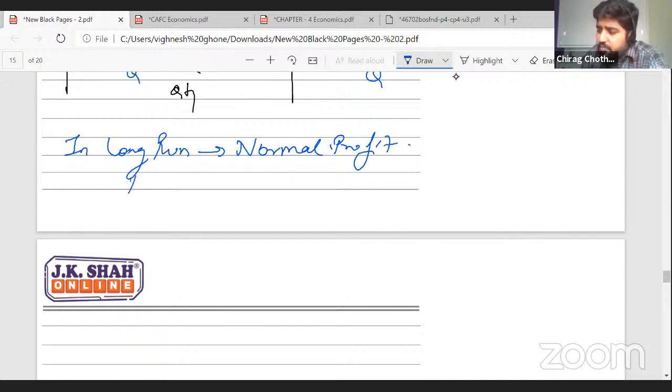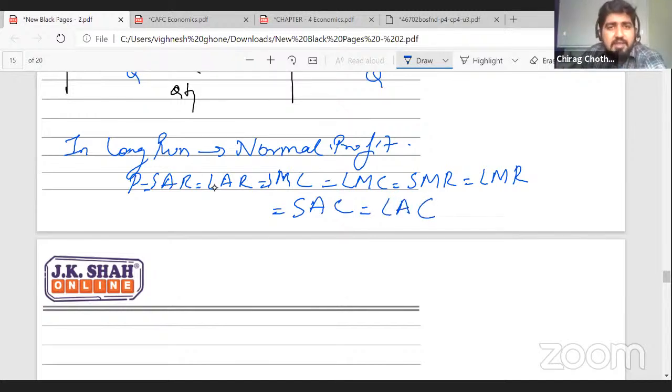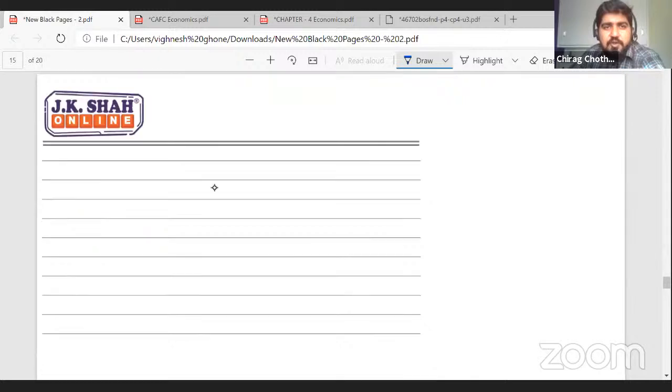So in case of normal profit, price is equal to AR is equal to SAR is equal to LAR is equal to SMC, that is short run marginal cost, is equal to long run marginal cost, is equal to SMR, is equal to LMR, is equal to, are we left with anything? Yes, AC. SAC is equal to LAC. Everything is equal to each other, right? This is how normal profit in long run looks like. Sure on this one? Very clear? Right? So that completes our perfect competition, guys.